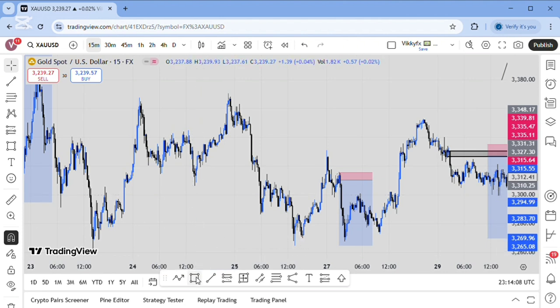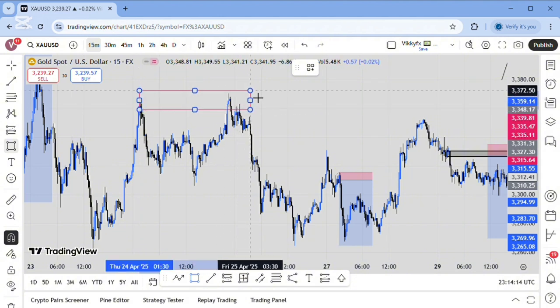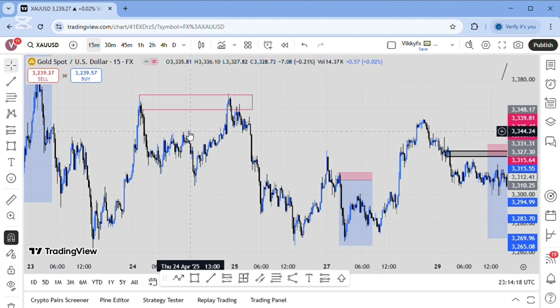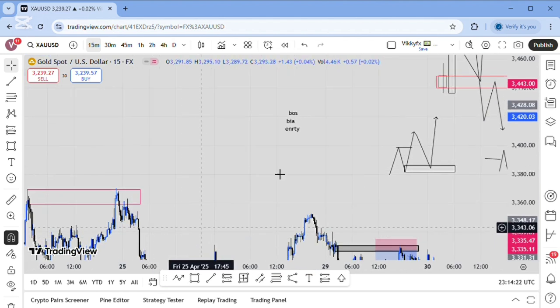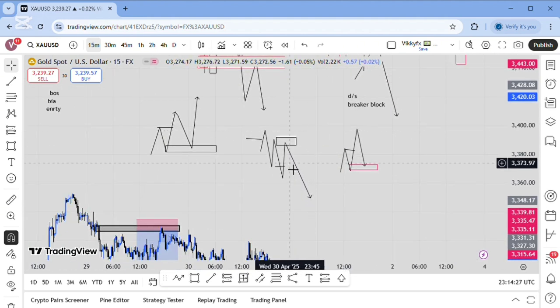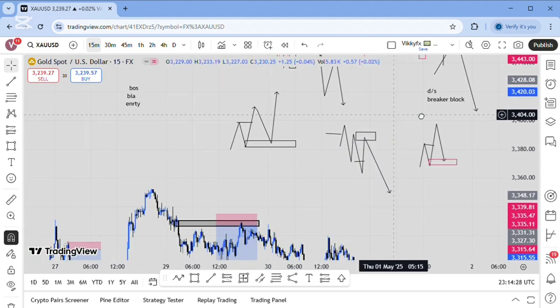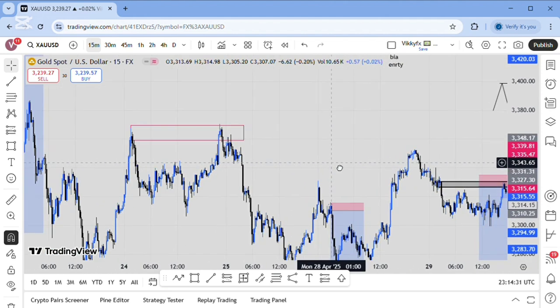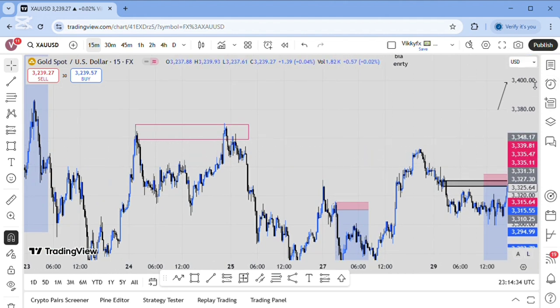This is like a zone. Remember what I said on a supply zone: the last buy candle. When I mark it here, you mark the last buy candle before the sell candle.